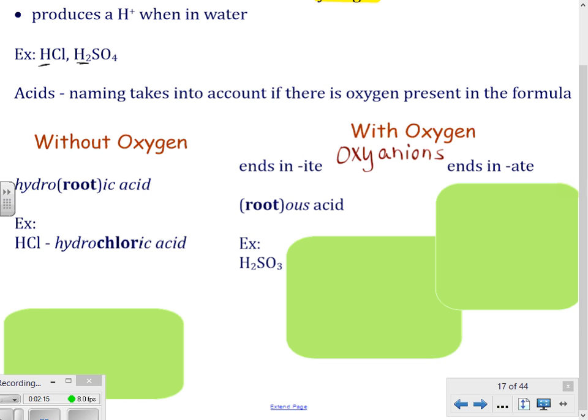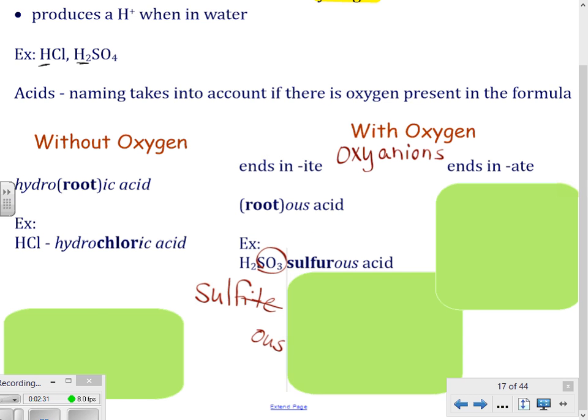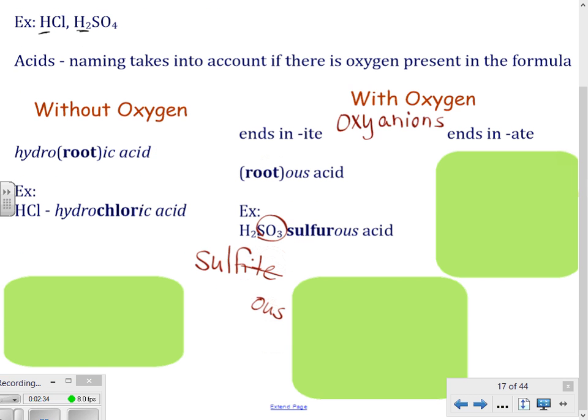So H2SO3, SO3 is called sulfite. So you're going to cross out ite, and you're going to add OUS. With sulfur, for some reason, it sounds better when you use the whole word sulfur and add OUS. So sulfurous acid. I will give you full credit if you follow these rules and just call it sulfous acid. That is a-okay with me because you're following the correct procedure.